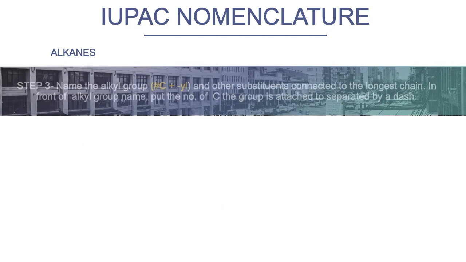Now to go ahead and write the actual structures and the names, since we have already understood how we find out the parent chains and how we number them, the third step is to name the alkyl group which is present, which is again just the number of carbon atoms with the "-yl" attached to it as suffix.